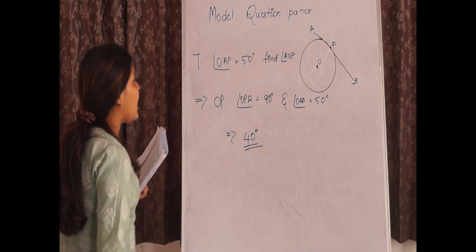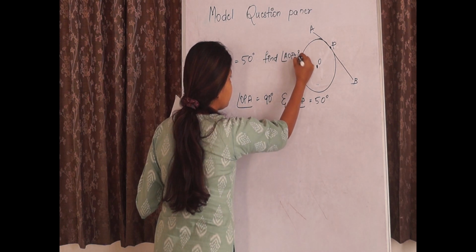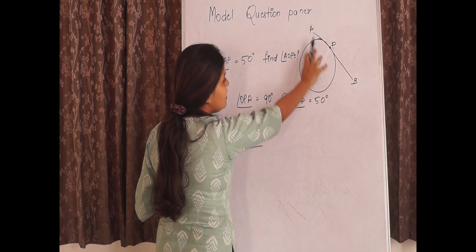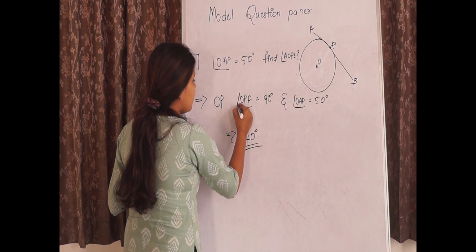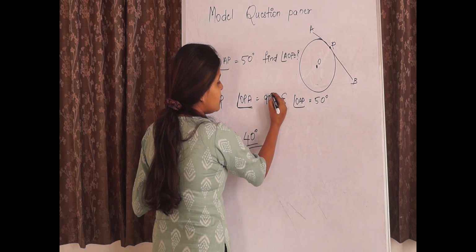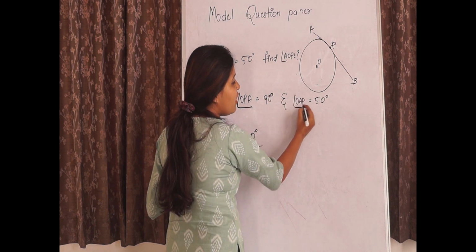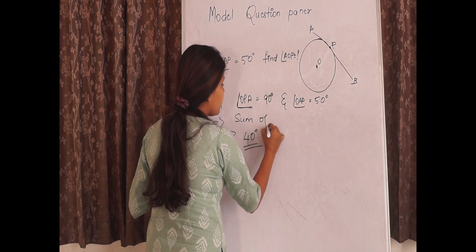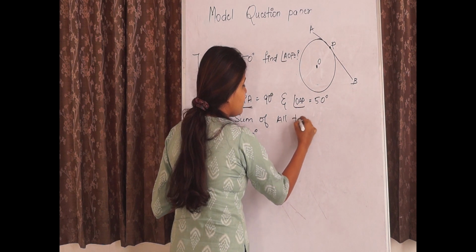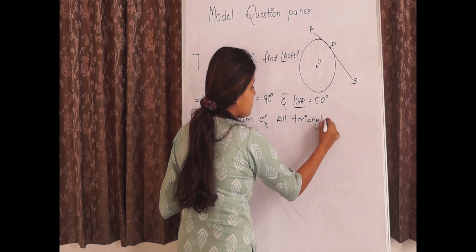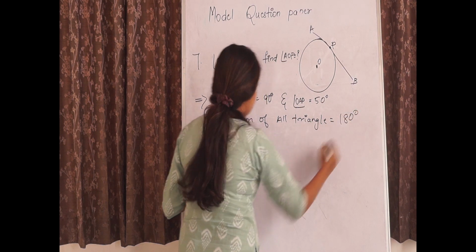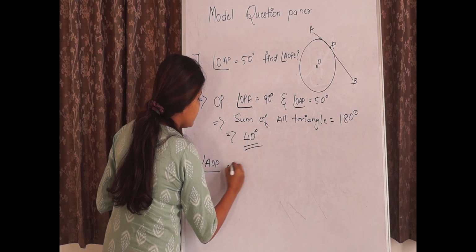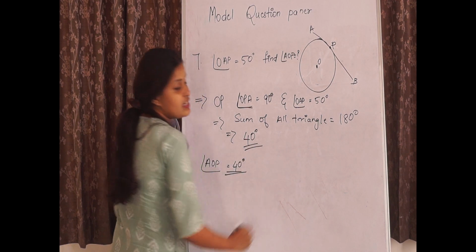Since AB is a tangent, angle OPA is equal to 90 degrees and angle OAP is 50 degrees. If the sum of all angles in a triangle is 180 degrees, then angle AOP will be 40 degrees.